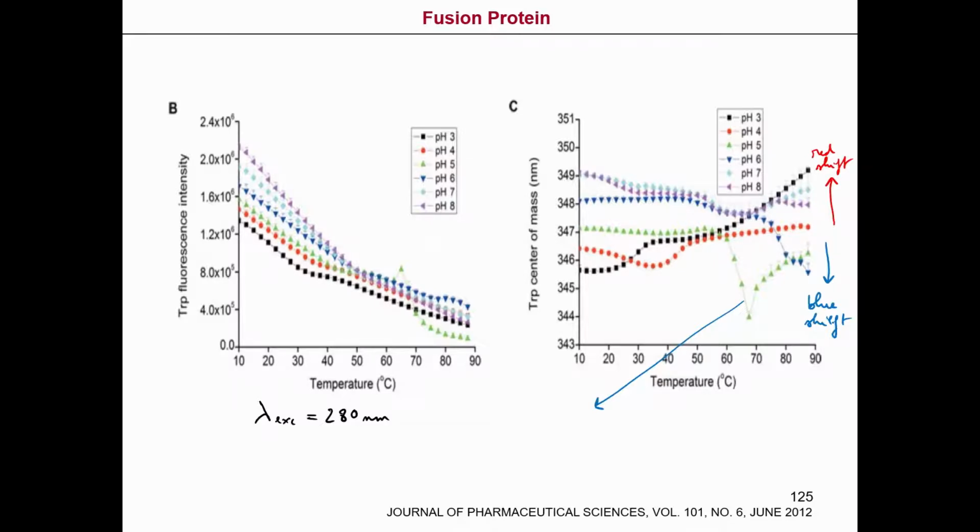If you have the blue shift, it means that you have aggregation of your protein.